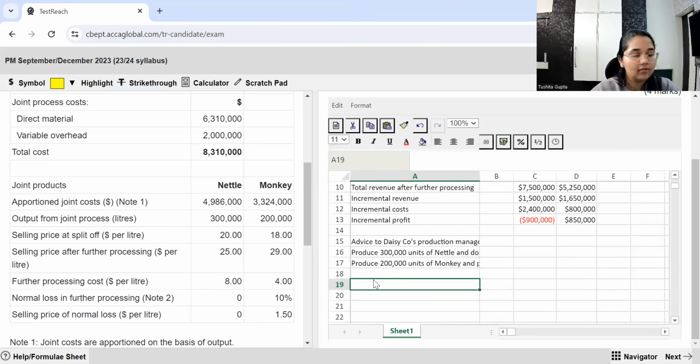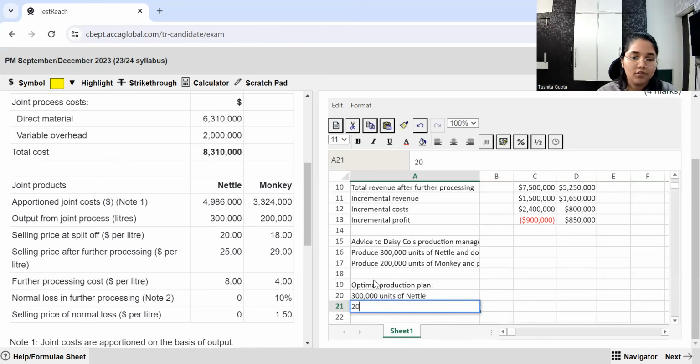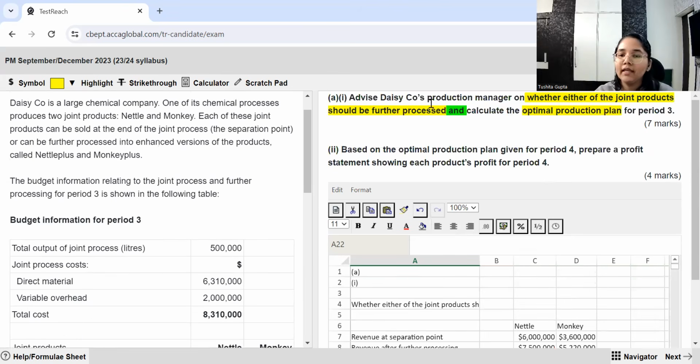Although the advice has already been given, since the optimal production plan is required as a separate thing in the requirement, I will say optimal production plan is 300,000 units of nettle, 180,000 units of monkey plus. Right? So with this, we are done with part A of our requirement, A1 of our requirement.